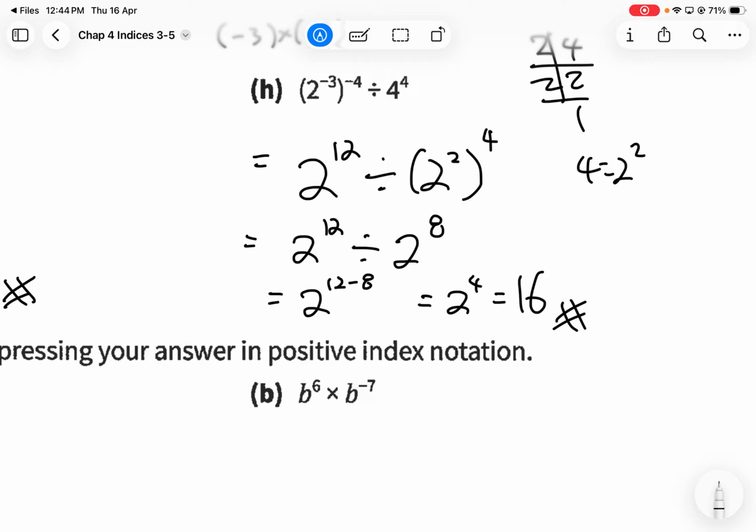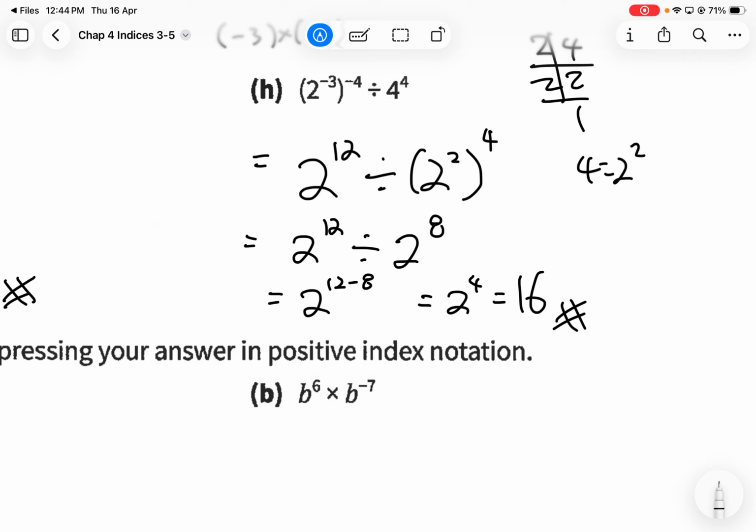Each bracket will have a 3. So I will have 15 of the 2s. Correct? So now I must start to see the pattern. No matter how this number changes, it is always like this. So it will work for any number.